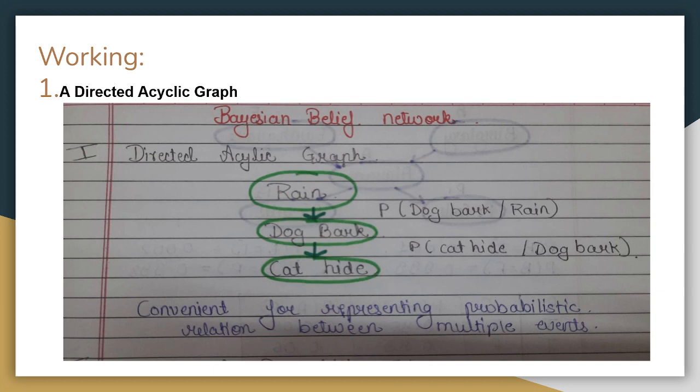This is the representation of a directed acyclic graph, convenient for representing probabilistic relations between multiple events. Here we can see the probability of the dog barking when the rain occurs, and here the probability of the cat hiding when the dog barks.